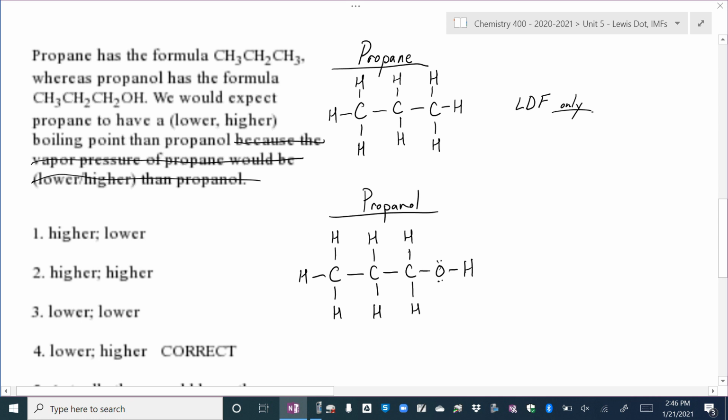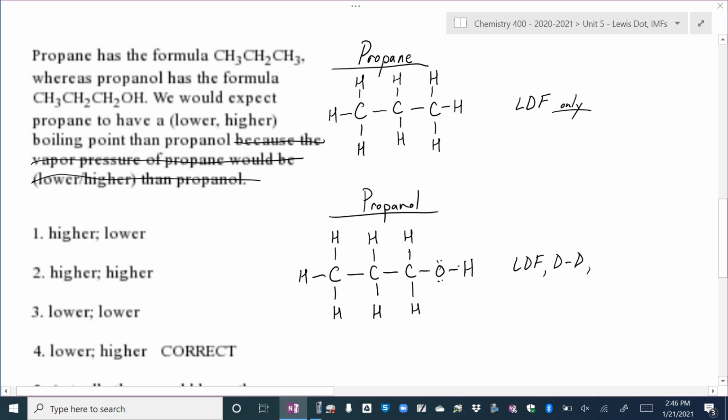For propanol, if you try to cut it down the middle, like perpendicular, right, down the middle carbon, on one side you've got the CH3 and on the other side you've got the CH2OH. So this guy has LDFs, and it's dipole-dipole because it does not have symmetry. And then finally, both of these molecules have hydrogen, right?